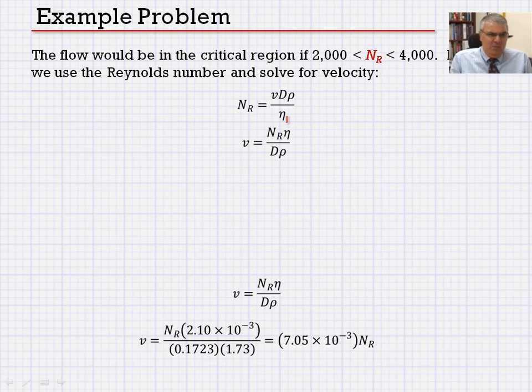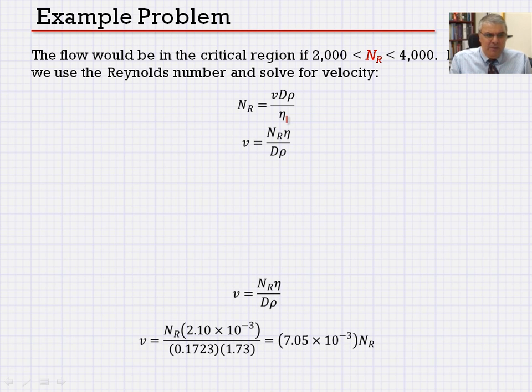As we have already discussed, if the Reynolds number is between 2000 and 4000, that will provide us with the critical region. And so we need to express velocity in terms of Reynolds number.